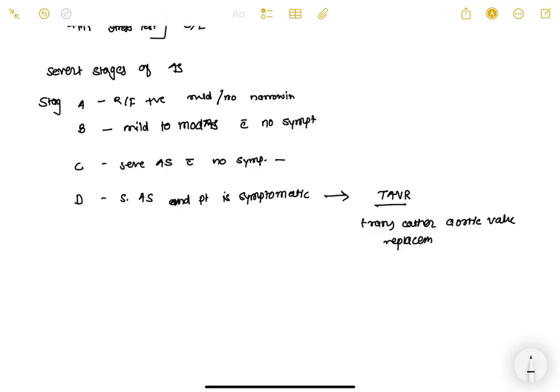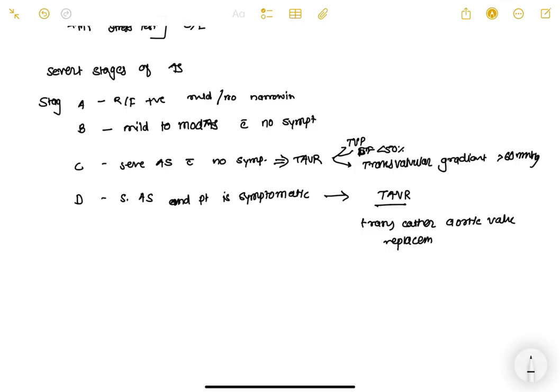In stage C, we go for TAVR in a few cases, like if the patient has TVD, if the patient has EF less than 50%, or if the patient has a transvalvular gradient of more than 60 mmHg.